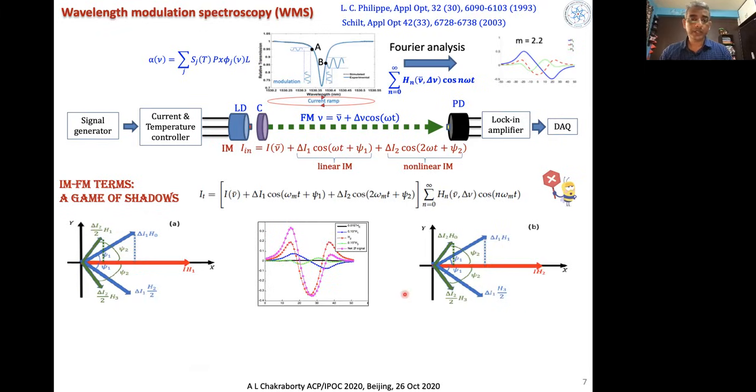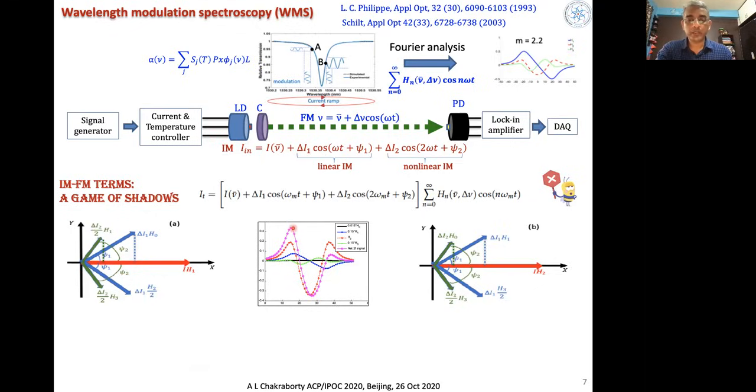So all in all, what you get is, if you wanted to detect the second harmonic signal, you would have expected to recover this red, nice and symmetric signal. Unfortunately, the green and the blue that correspond to the higher and the lower harmonics, they come in and cast shadows and distort your second harmonic signal.